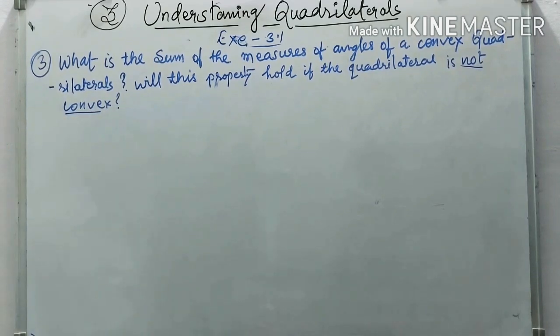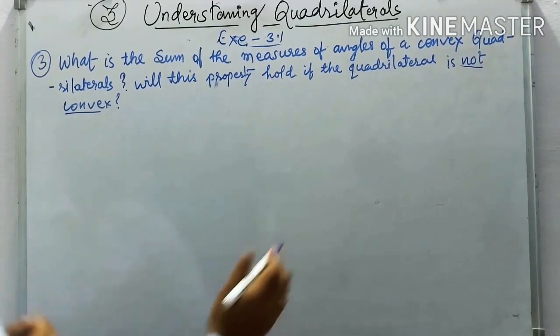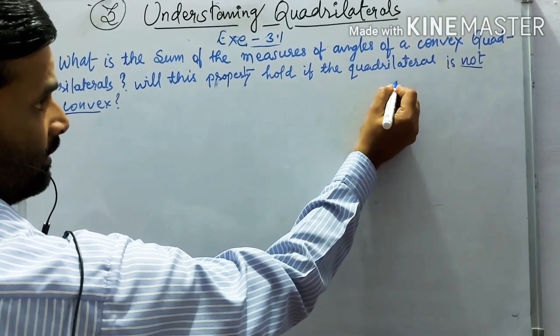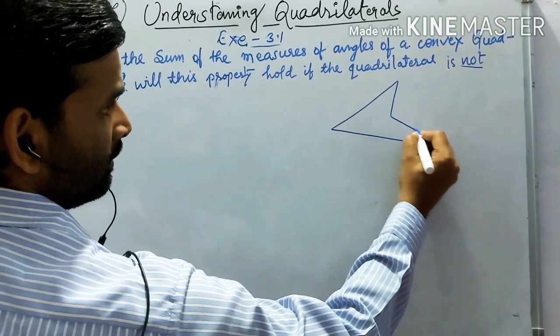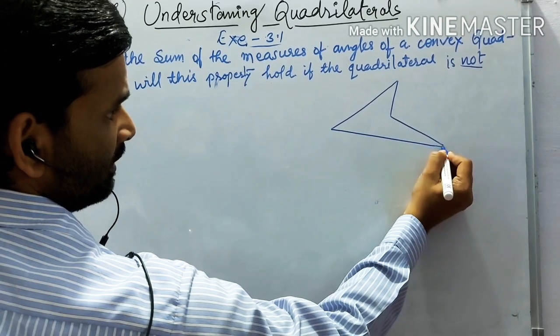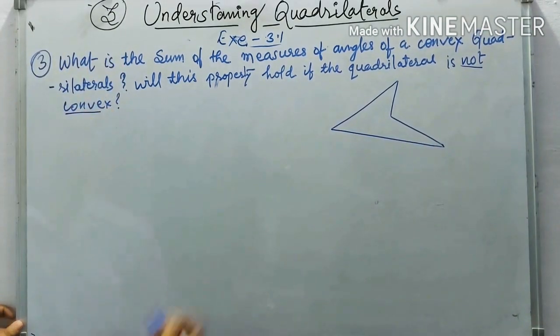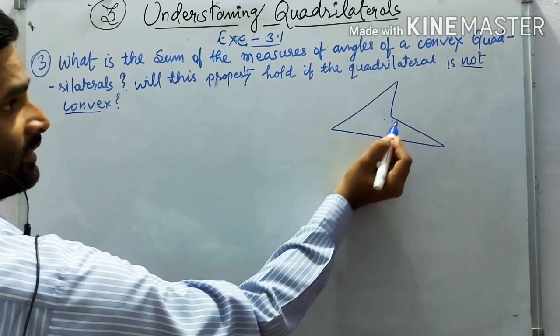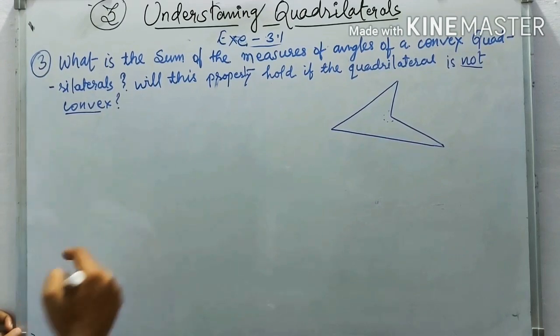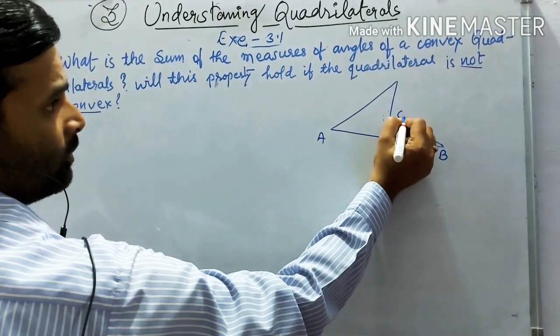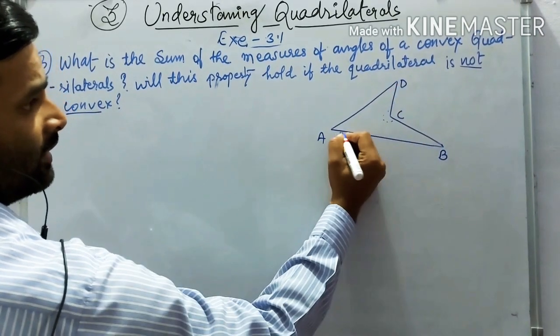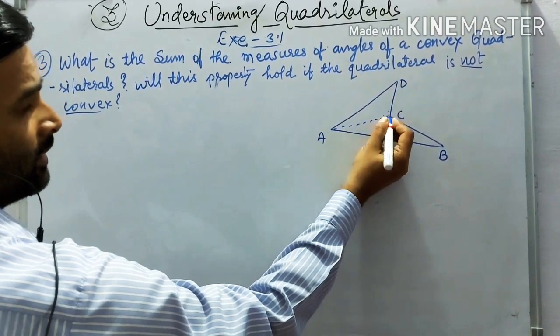So you draw the diagram of a non-convex quadrilateral. A non-convex quadrilateral is this type of diagram, because this angle is greater than 180. This is a quadrilateral, a polygon ABCD, and join the line AC.